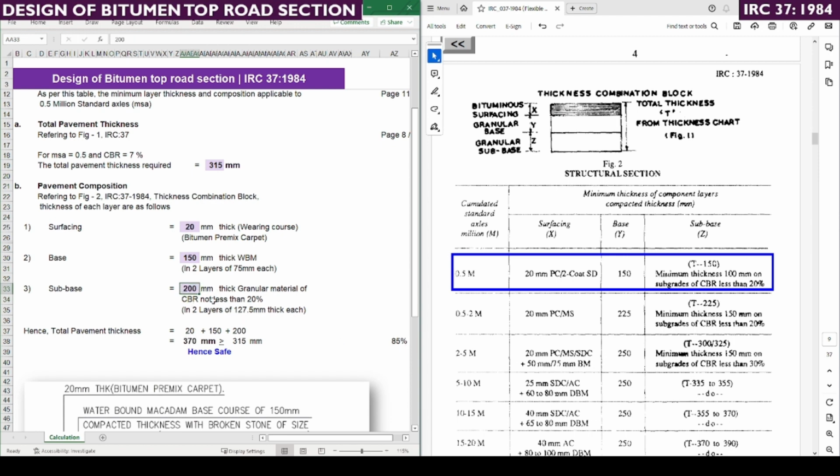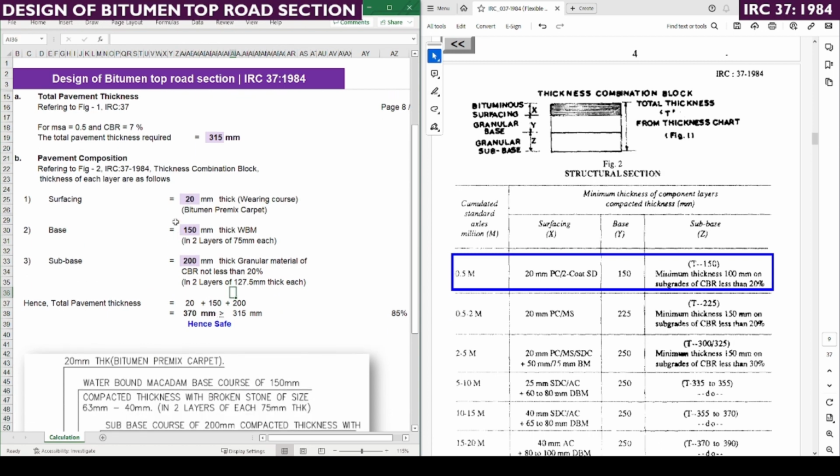So 200 mm of granular material of CBR not less than 20% we are considering in 2 layers of 125 mm. This 125 mm is the uncompacted thickness. While doing the compaction, it will come to 100 mm for each layer, so these 2 layers of 100 mm will match the 200 mm thickness.